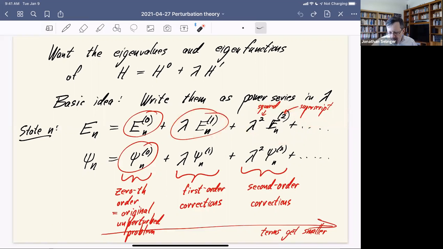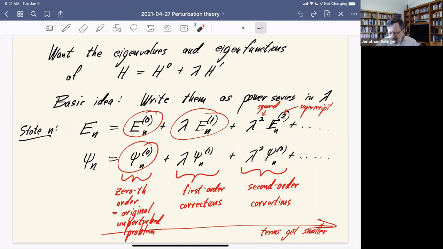The same thing holds for the eigenstates: each is the old unperturbed eigenstate of the exactly solvable problem, plus a 1st order correction, plus a 2nd order correction, et cetera.